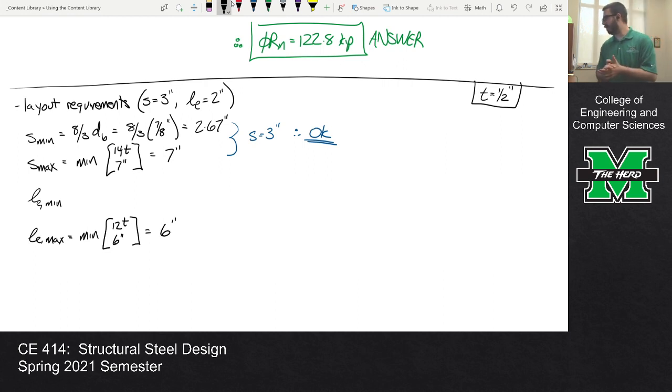Real quick, can somebody look up what is Le min for a bolt diameter of 7/8? Remember, that's on page 16.1-132. There we go.